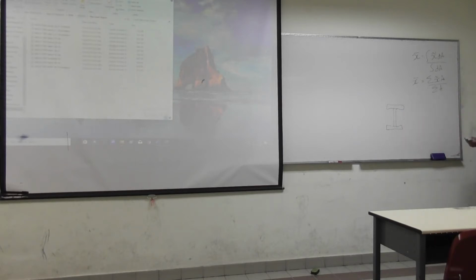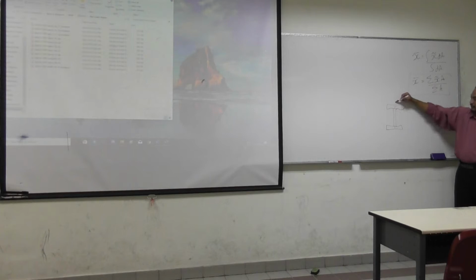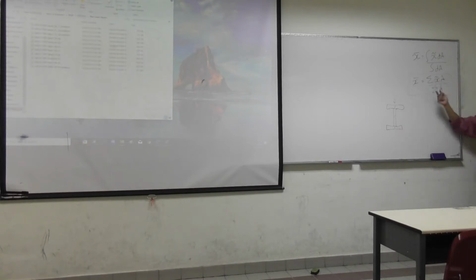So in terms of the meaning of this equation, this is the summation of all areas, meaning area of this plus area of this plus area of this becomes the total area. Summation of x bar times area, meaning that for this one x bar times A, for this one x bar times A, for this one x bar times A, you add all of them, you have the summation. So that's the meaning of this equation.